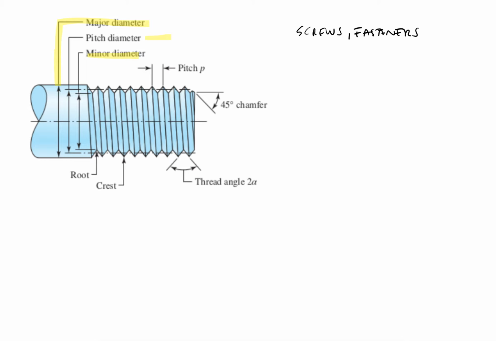And what is not shown here, but is important as well, is what we refer to as the lead, L. So the lead means the distance a nut around this screw would advance for a full turn. I'm going to draw this so that you can picture it.